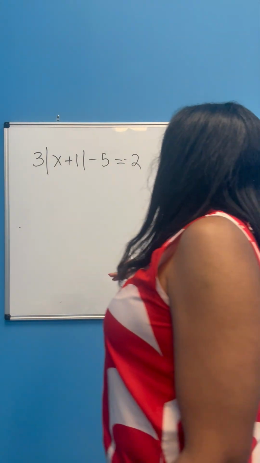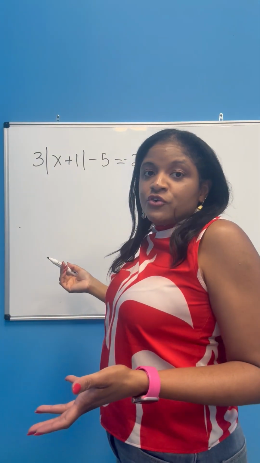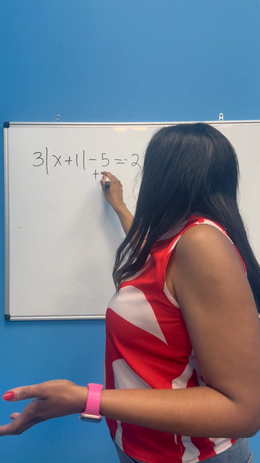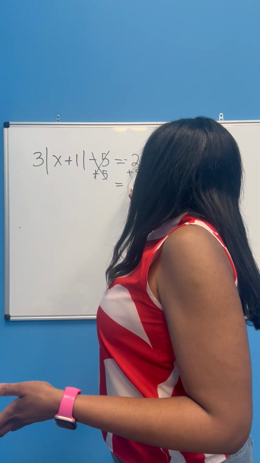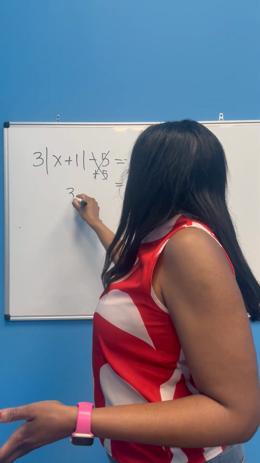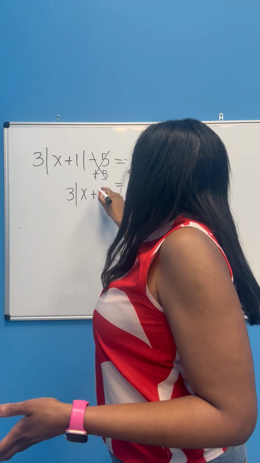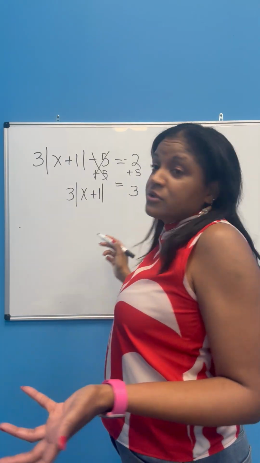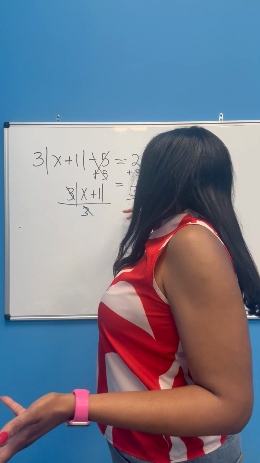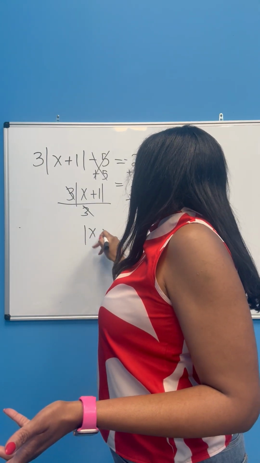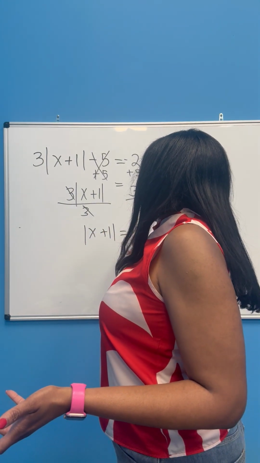So solve it like you would solve a normal equation. You start with plus 5, the inverse operation, and that gives you positive 3. I really just treat this absolute value like I would a parentheses. So divide by 3, and x plus 1 equals positive 1.